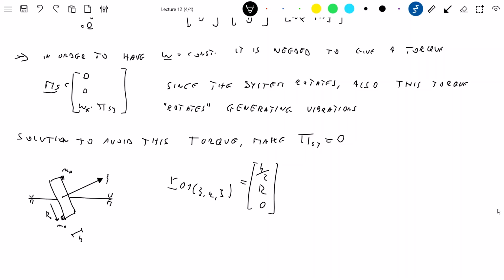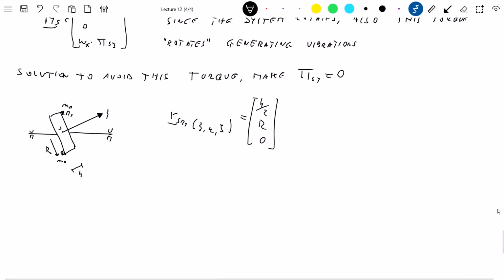Sorry, I was just copying the notes. Let's call this point m1. So this will be our SM1. And so let's now write the moment of inertia matrix.